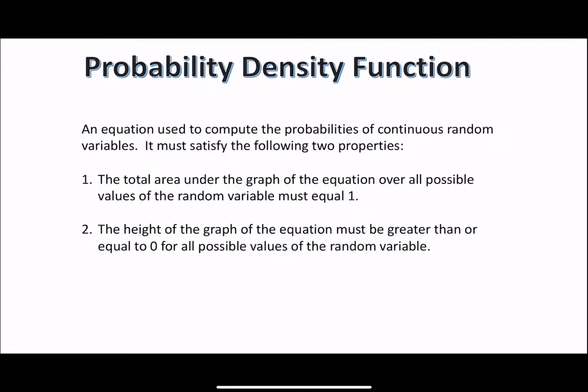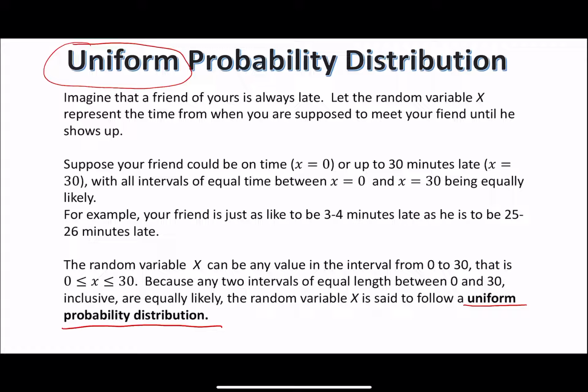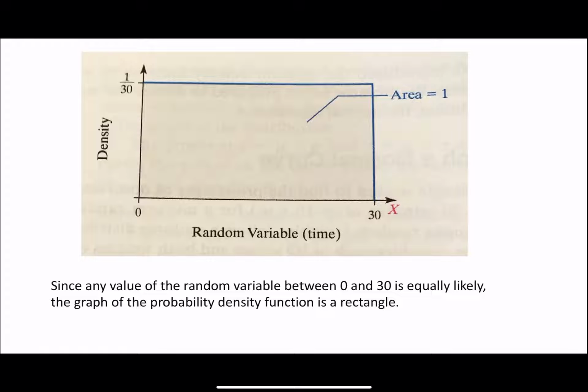Let's take a look at the graph of that uniform density function, the uniform probability distribution we just talked about. Here's the graph. Our random variable is time, which is on our x-axis, and density, which is our probability of it happening, is on the left side. Because the probability is equally likely to happen, the area underneath that curve must be 1.